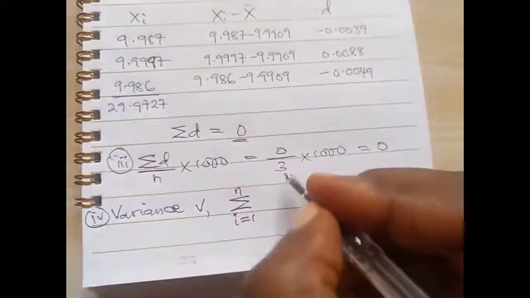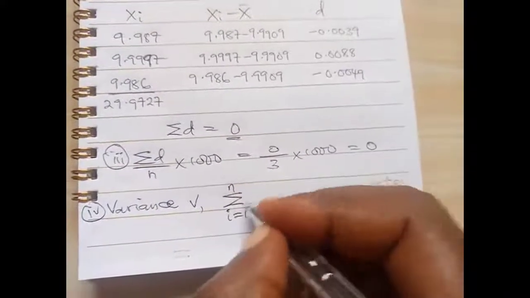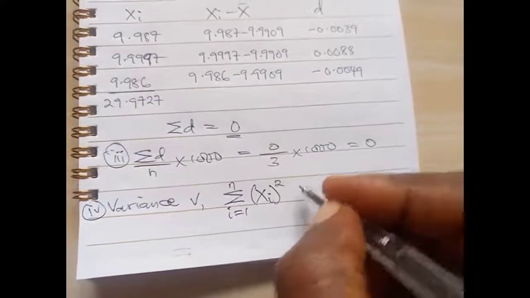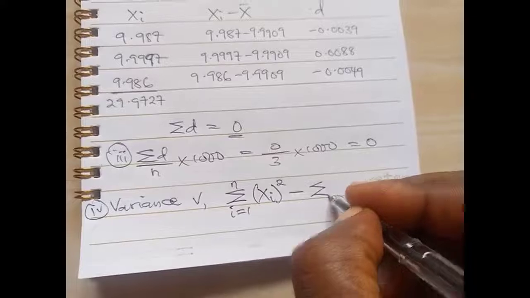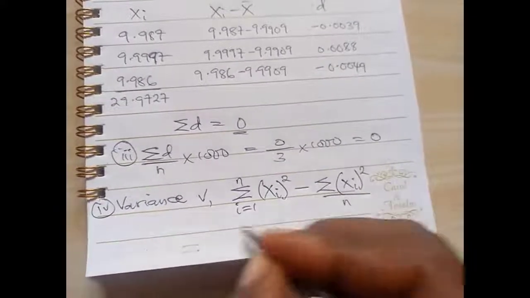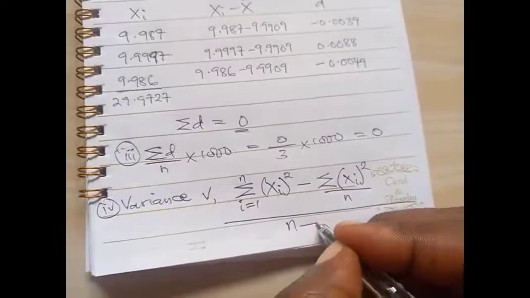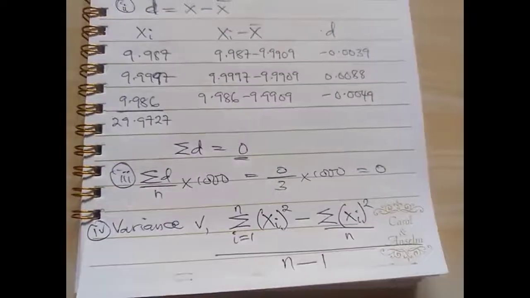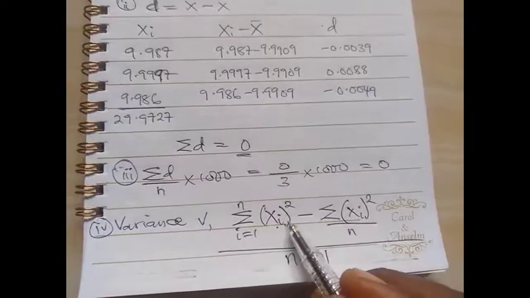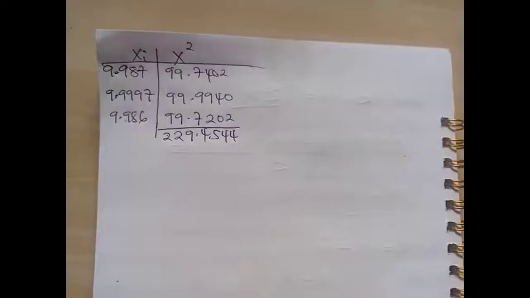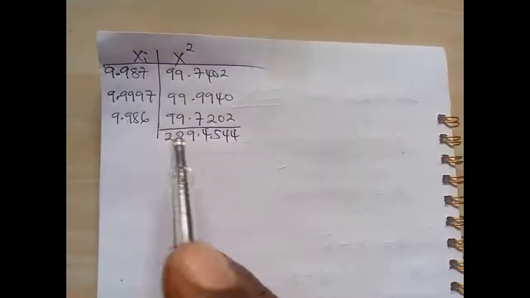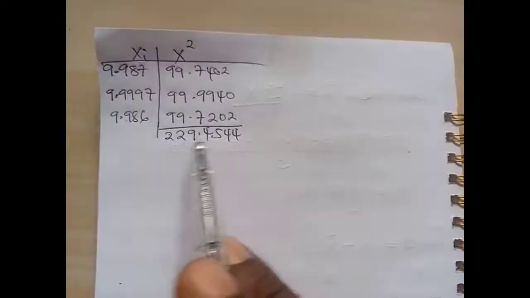In this question, n is 3, into the individual values squared minus the summation of the individual values, squared, divided by the number, all over n minus 1. So we need to prepare a table so we can get the individual values and their squares. So these are the individual values, these are their squares. If we add all of them together, this is what we get.